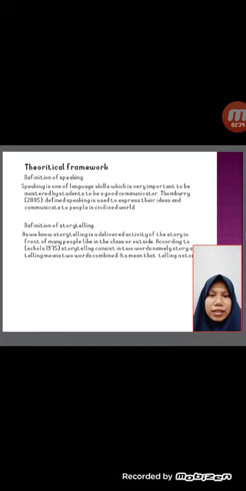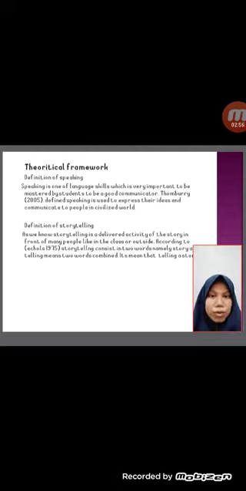And in the theoretical framework, the definition of speaking. Speaking is one of the language skills which is very important to be mastered by students to be good communicators. And the definition of storytelling.